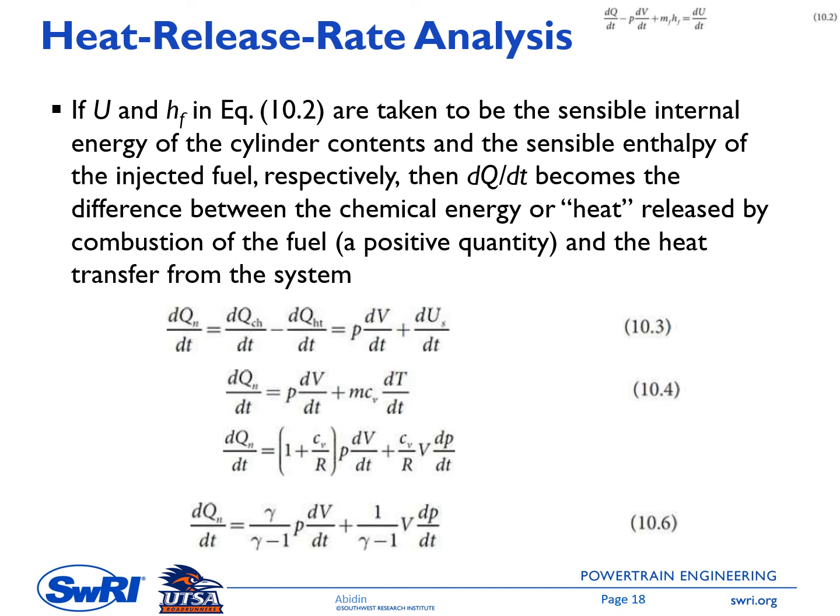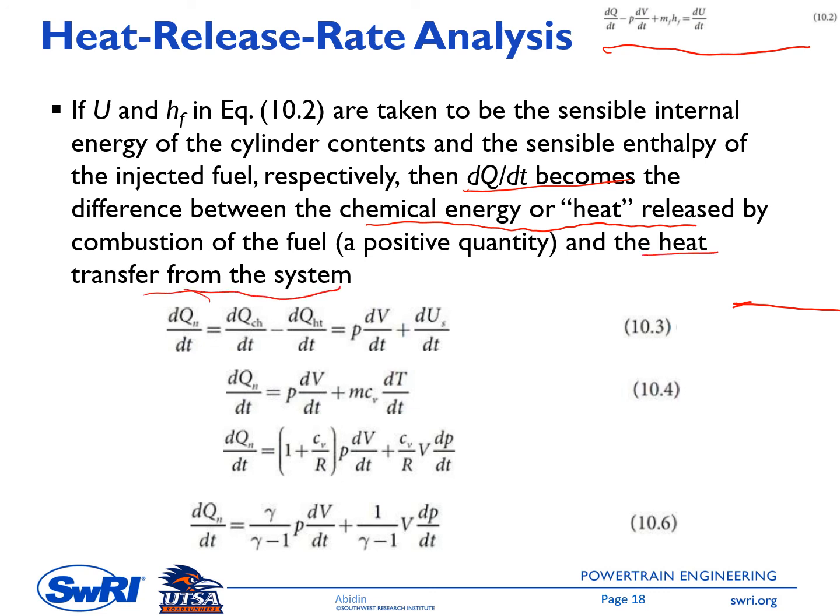Back again to equation 10.2, I put it at the top right side here. If U and h_f in equation 10.2 are taken to be the sensible internal energy, once again similar to the spark ignition engine, then dQ/dt becomes the difference between the chemical energy or heat release rate and the heat transfer from the system.